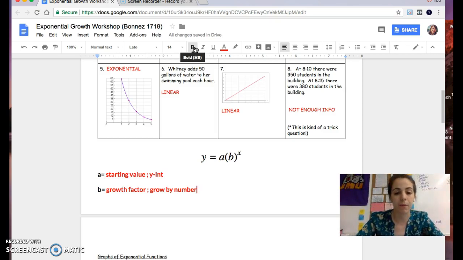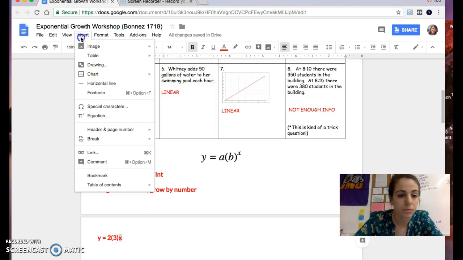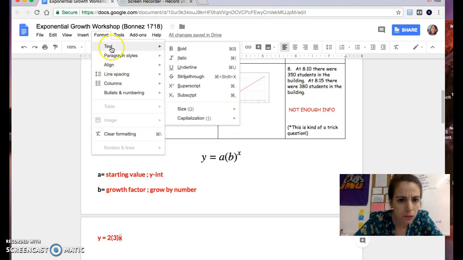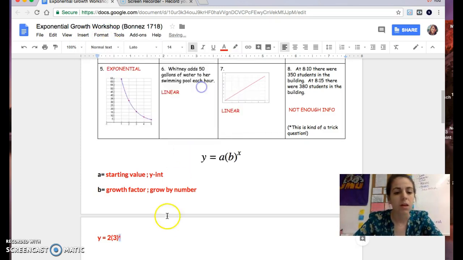So let me give you an example. If I have y equals 2 times 3 to the power of x, let me make that an exponent. There we go. Y equals 2 times 3 to the power of x could be representing a real life situation such as money.